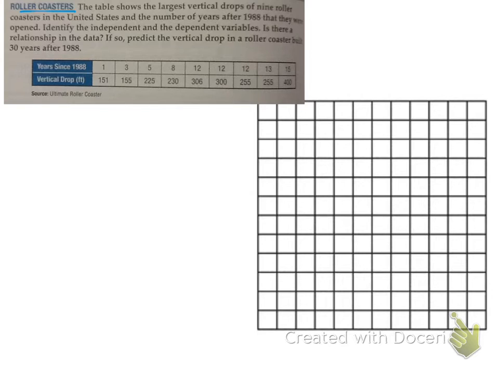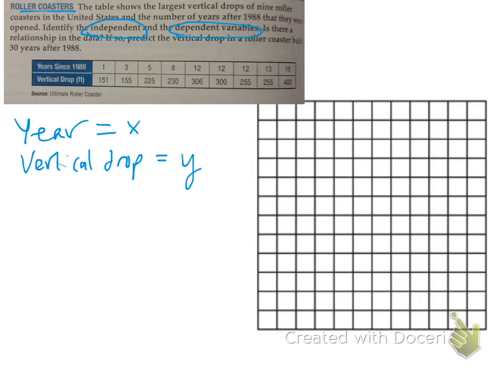So the independent variable is going to be the year, that's our x, and the dependent variable is going to be the vertical drop, that's our y. Okay, so the vertical drop depends on the year that it was made.